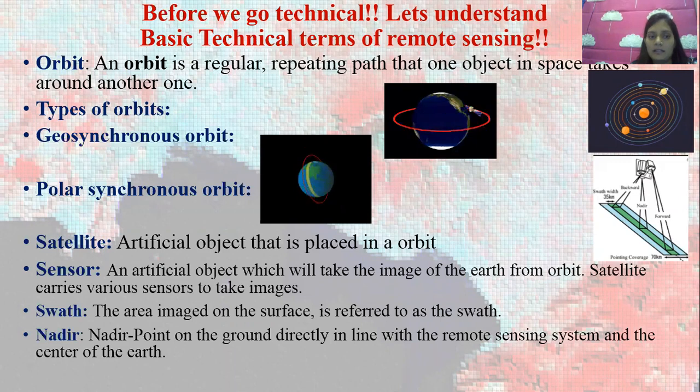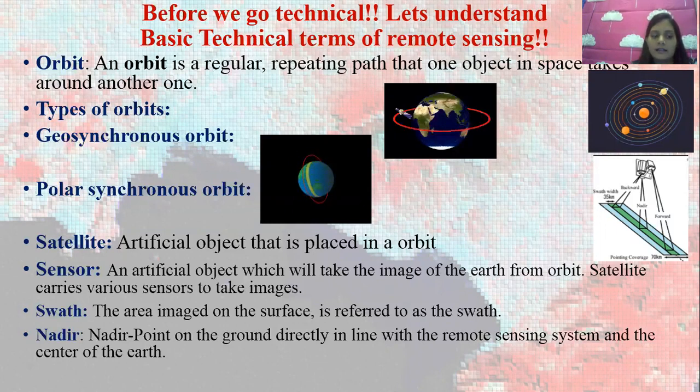That is orbit, types of orbit, geosynchronous orbit, polar orbit, satellite, sensor, swath, and nadir. Right? Geosynchronous orbit, polar synchronous orbit, how does it work? You just have to remember, if it is geosynchronous orbit, it will be taking data in the latitude manner, and if it is polar synchronous, it will take it in the longitude manner, from north to south, south to north, north pole to south pole, south pole to north pole.